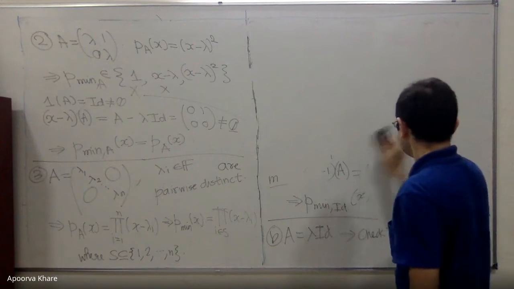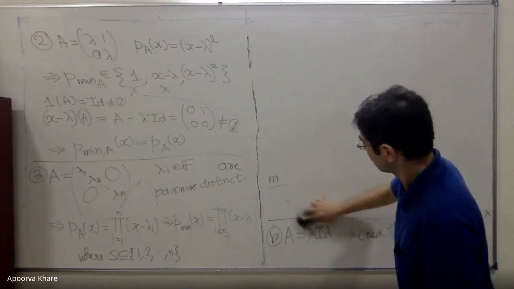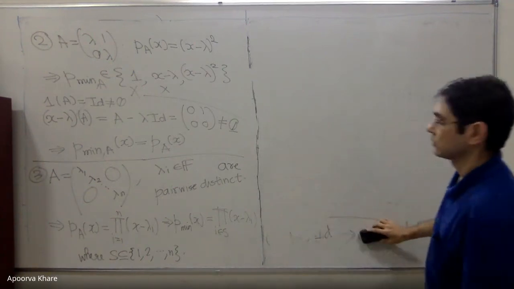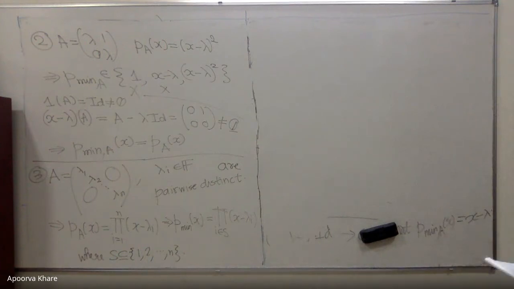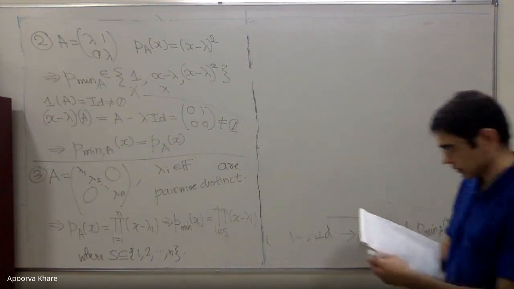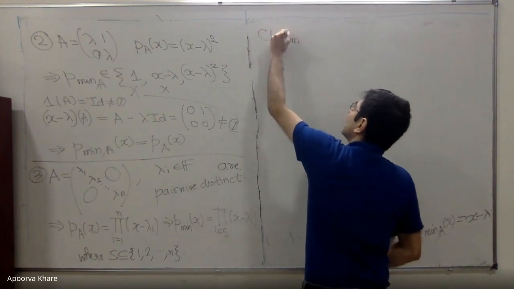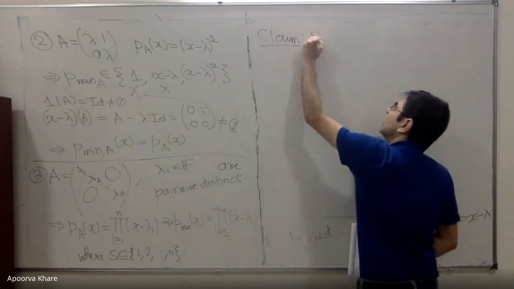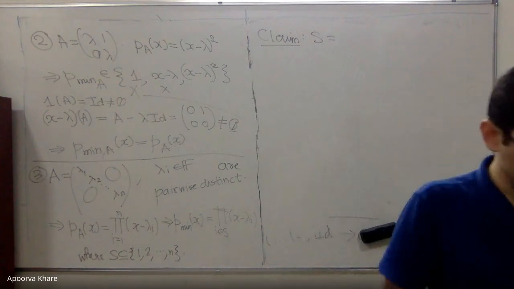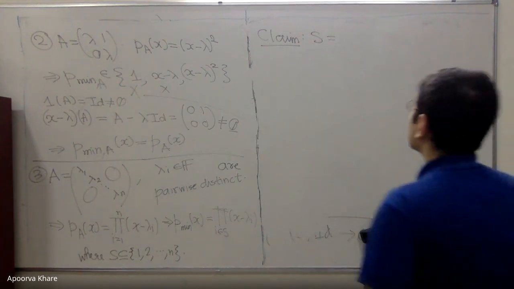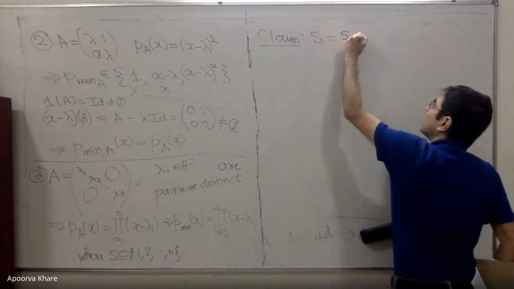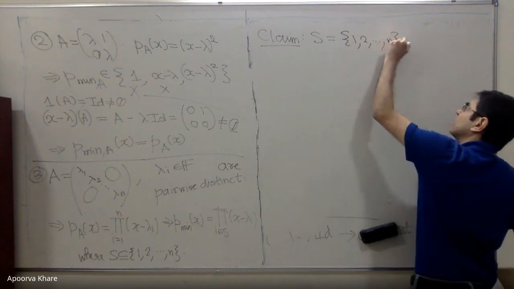Okay, why is that so? The claim, as I said, is that S is equal to 1, 2, up to n.